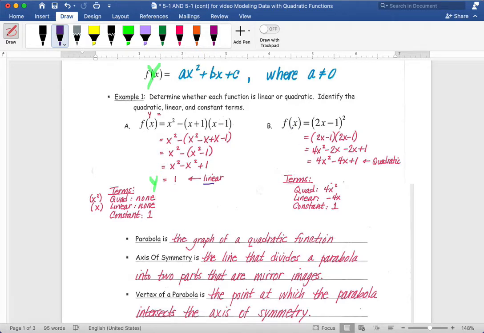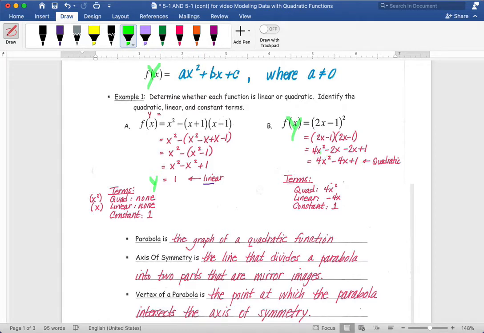Second example, f of x, again, that's really a y incognito, right? So this really is y equals quantity 2x minus 1 squared. This is not in this standard form. So you have to multiply this out. 2x minus 1 quantity squared means 2x minus 1 times itself. Do the FOIL, combine like terms.